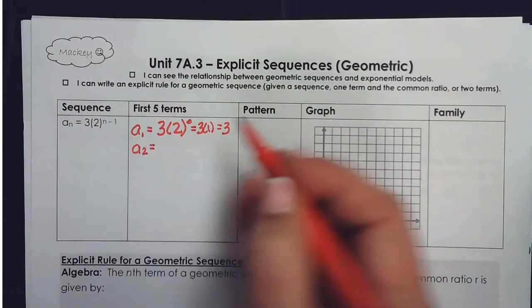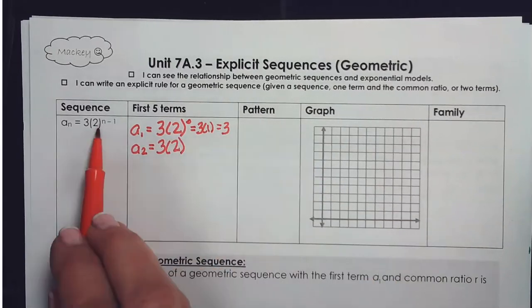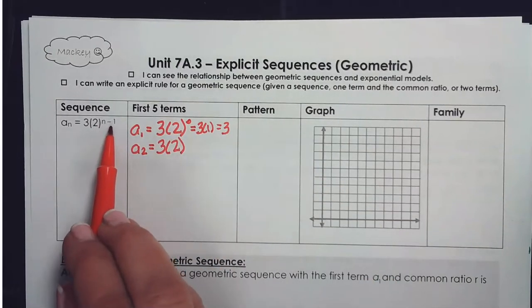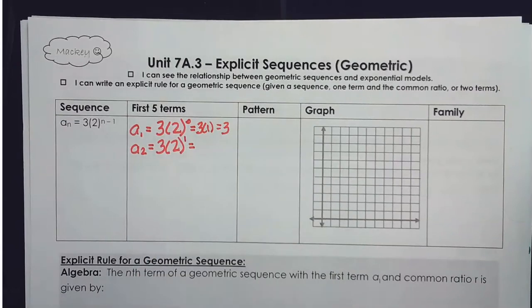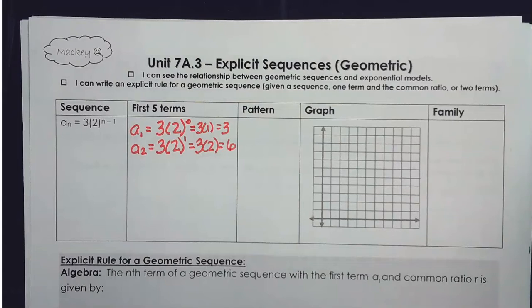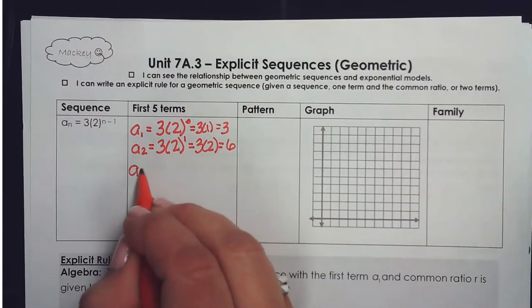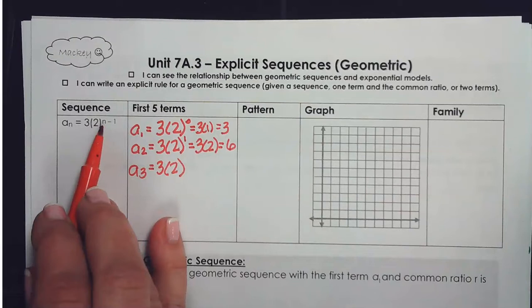A sub 2 is we're going to take 3 times 2 to the 2 minus 1. So that means our exponent is 1. So we're going to take 3 times 2, which is 6. A sub 3 would be 3 times 2, we're going to put 3 in here, to the 3 minus 1.